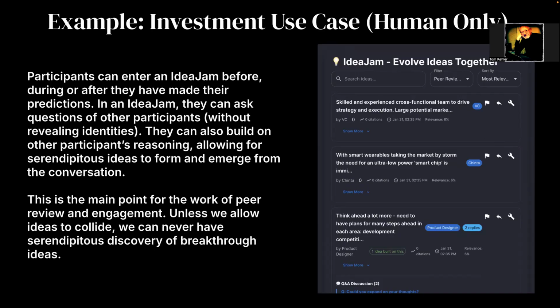And that provides a capability for serendipitous discovery. Oh, I see your idea. I want to add on to it. Someone else can add on to that idea. So we keep track of the evolution of ideas as they go through this idea collider and are built on, people can build on each other's ideas.